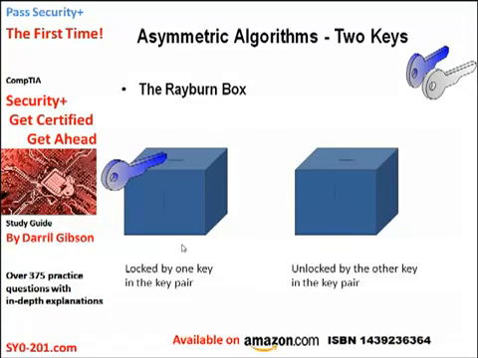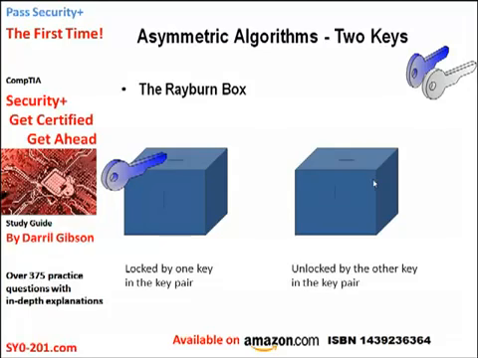Now in the classroom, I very frequently talk about something known as the Rayburn Box. And this is a great metaphor to show how the public keys and private keys work. If I've got this Rayburn box, there's one key that can lock it, and once that key locks it, it can't unlock it. It is locked until the matching key unlocks it.